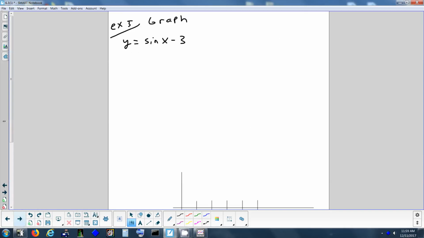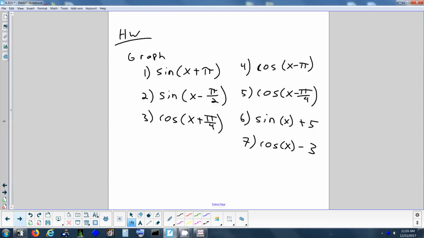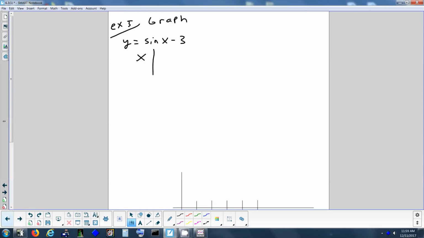This one, let's just make the table. Okay, first of all, how do we know that's not a phase shift? Because there are parentheses, but it's still not a phase shift.